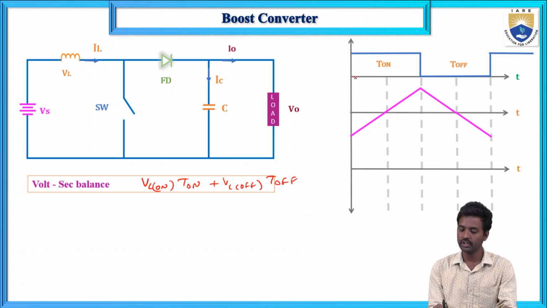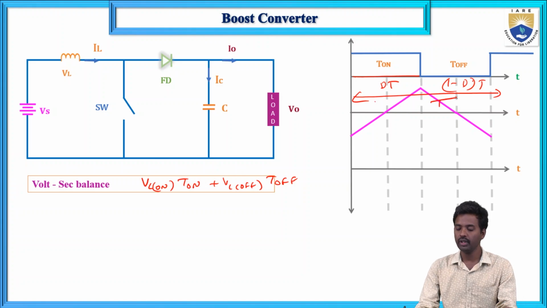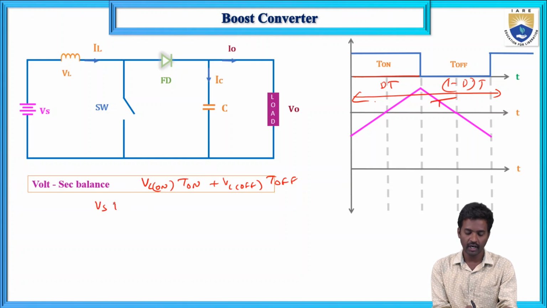T on is D into T, and T off is 1 minus D into T, where T is the total time period, T equals T on plus T off. Here VL on we already derived, which is Vs, and T on is D into T, plus VL off, which we already derived.